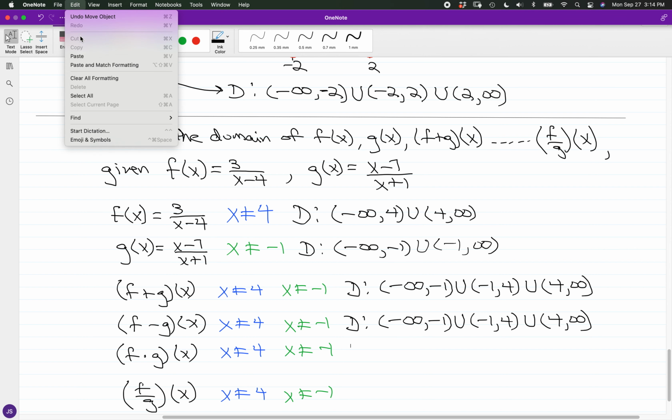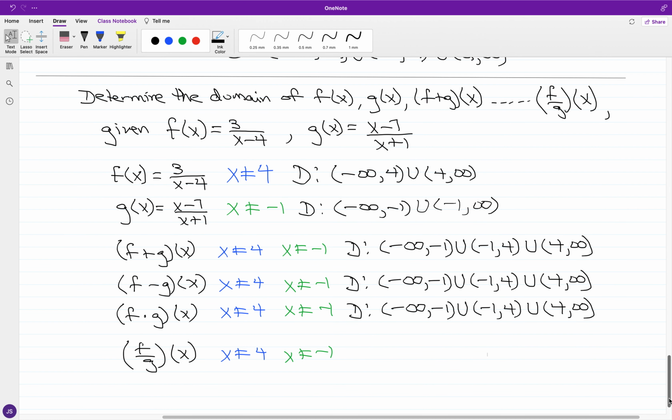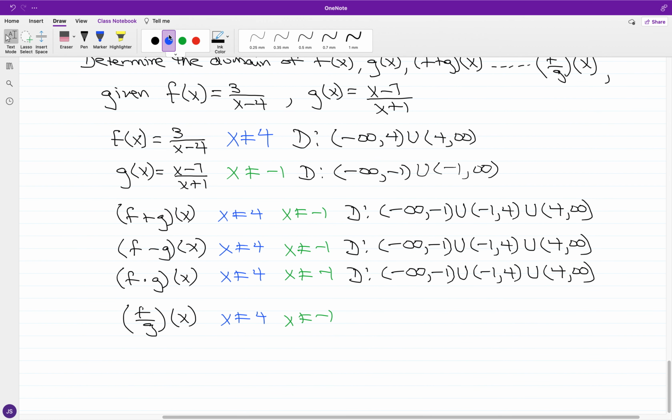Okay. And then we have the quotient function. So for f over g of x, this is going to be 3 over x minus 4, over g of x, which is x minus 7 over x plus 1.